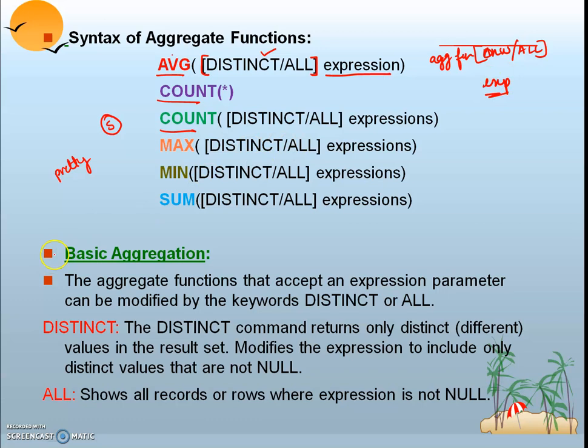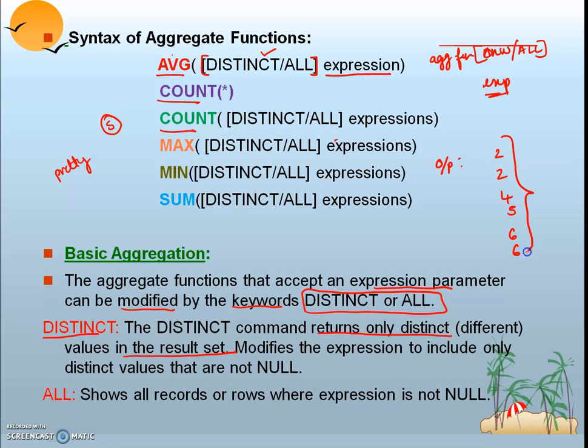Let's understand what distinct and all are in the aggregate functions. The aggregate function that accepts an expression parameter can be modified by the keywords distinct and/or all. If I use the keyword distinct, it is going to return only the different values in the result set. Let's assume my output consists of values 2, 2, 4, 5, 6, 6.